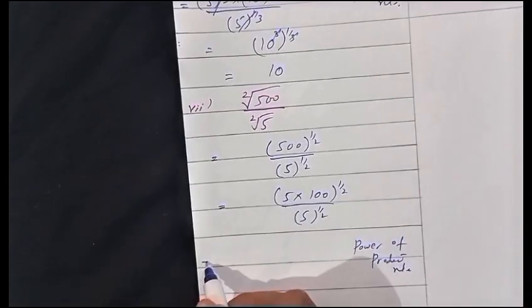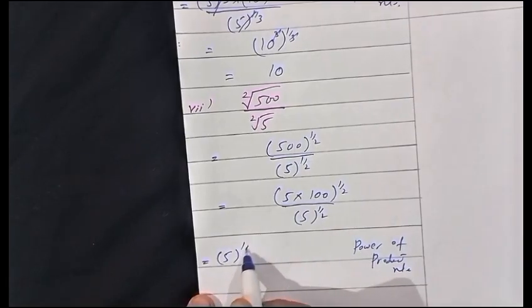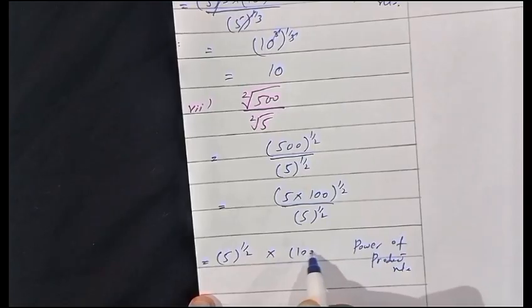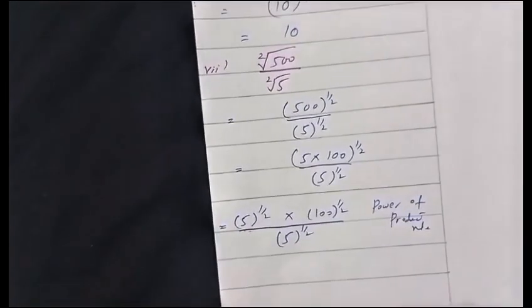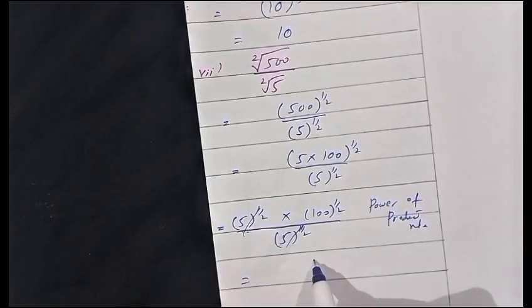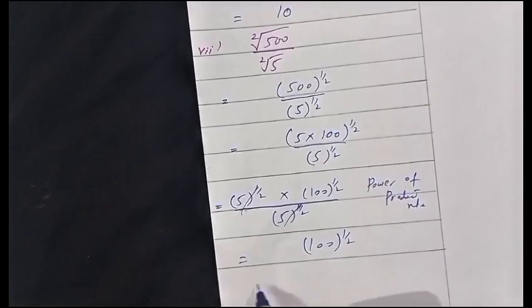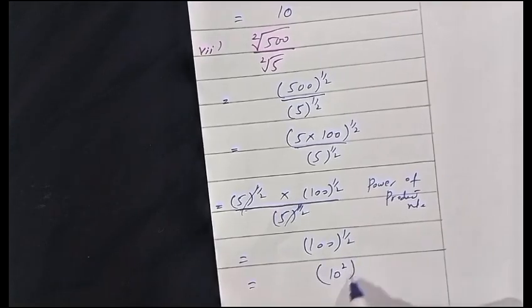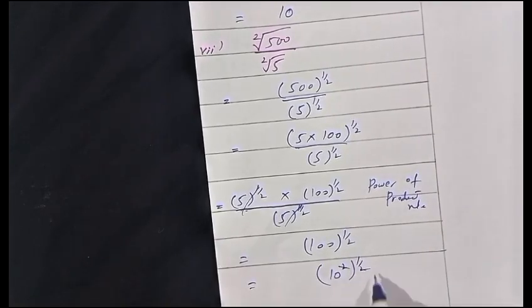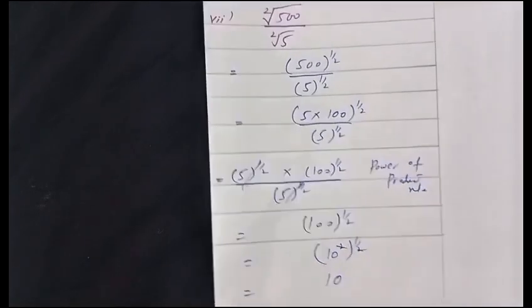Now by the power of a product rule law, we separately apply the power on both numbers of the numerator: 5 power 1 by 2 multiplied by 100 power 1 by 2, divided by 5 power 1 by 2. The two exponential expressions are the same, so we cancel them. We can write 100 as 10 square, so the powers cancel each other and the final answer is 10.